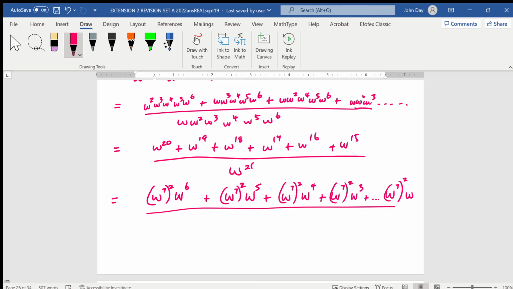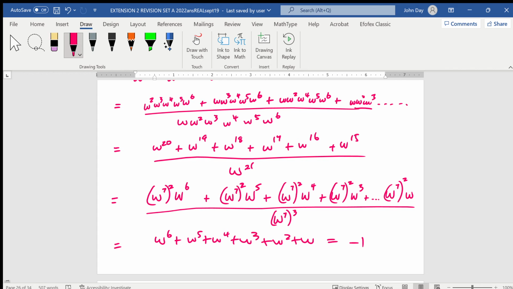And that's all over w7 cubed. Now w7 is 1, so cubed it's still 1. So basically this comes down to w6 plus w5 plus w4 plus w3 plus w2 plus w, which, as we said before, is minus 1.